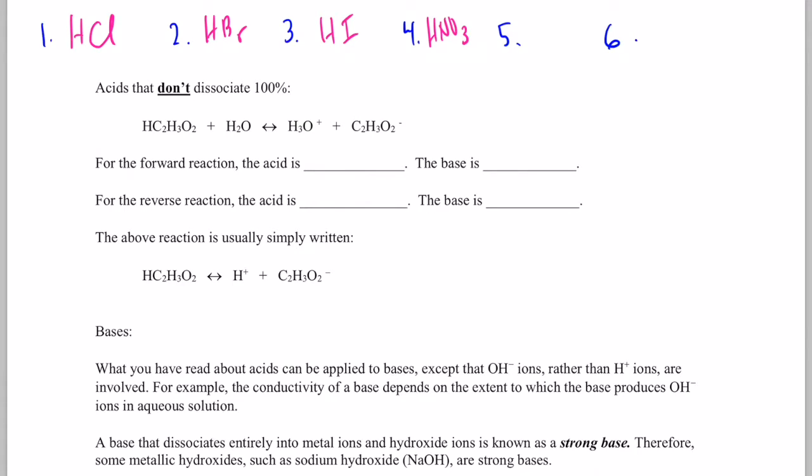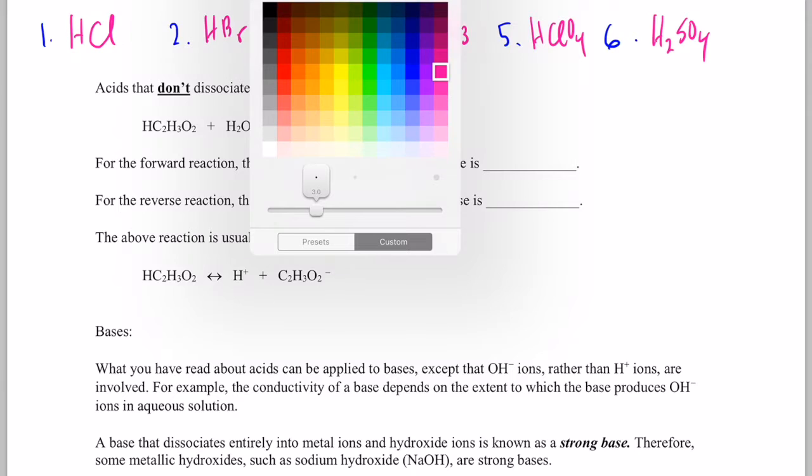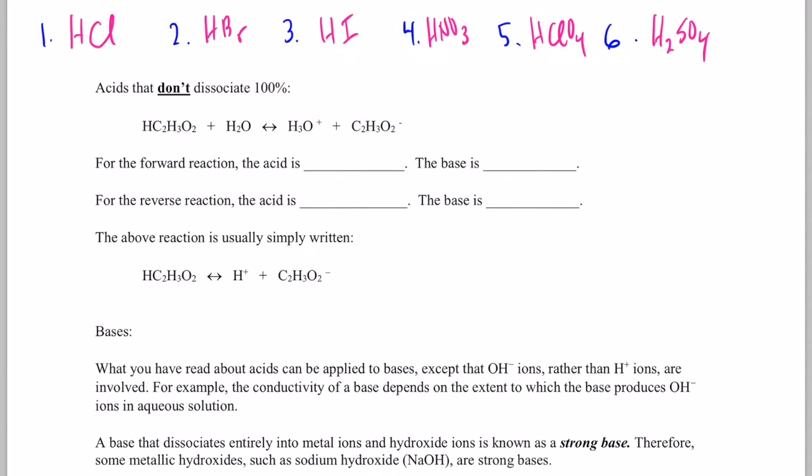Did you get that one? How about HClO4, perchloric acid? And then finally, H2SO4, sulfuric acid. Kiddos, you need to learn those 6 strong acids because remember, if you know the 6 strong acids, all the other acids are going to be considered weak.